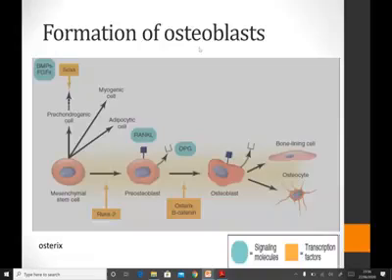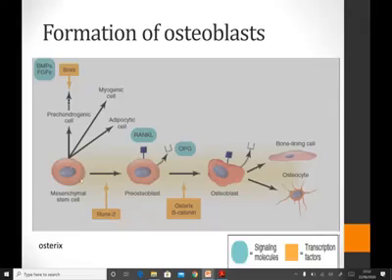So the stem cell would be mesenchymal in origin, as you can see here in this figure. This mesenchymal stem cell has the capacity to give rise to either a cartilage forming cell, or a muscle forming cell, or a fat forming cell, or a bone forming cell.